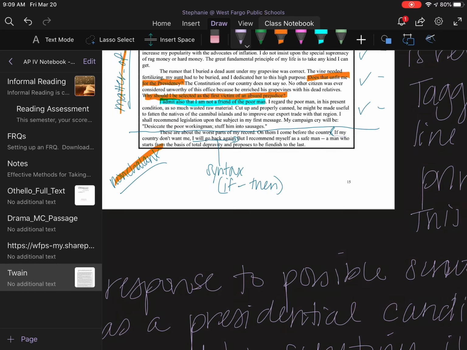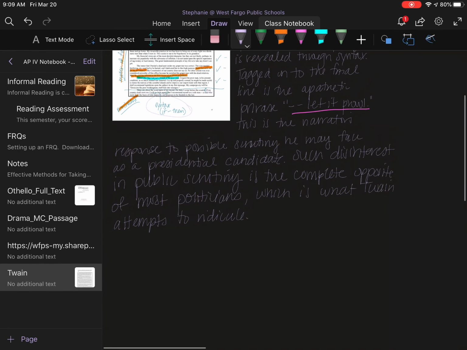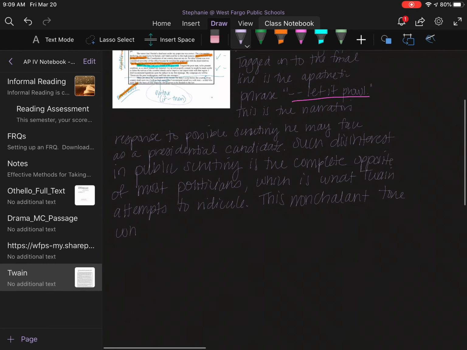And I think I'm going to refer to this phrase that I'd picked out, the syntax, right? And I'm going to say this nonchalant tone returns in the final paragraph.